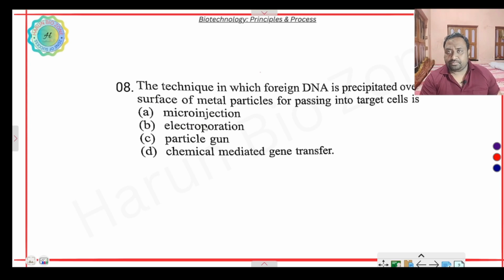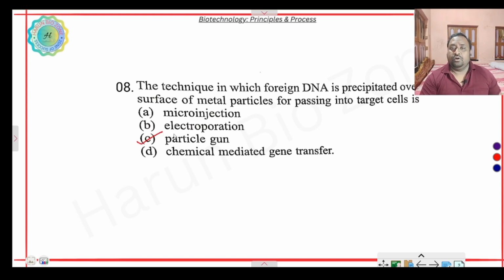Electroporation means using an electric supply to increase the permeability of the cell membrane, so the foreign DNA is inserted into the bacterial host cell.